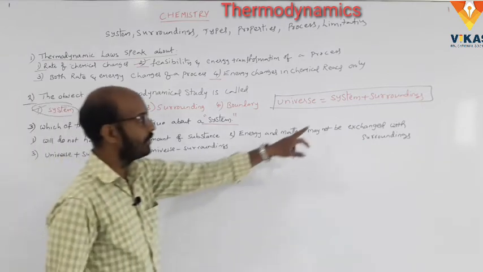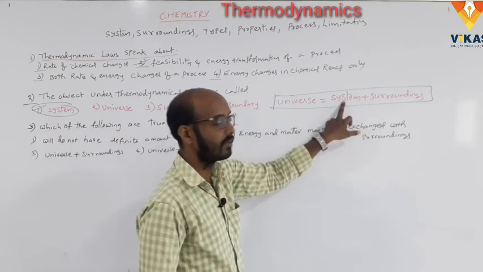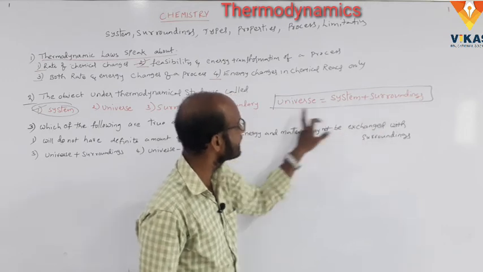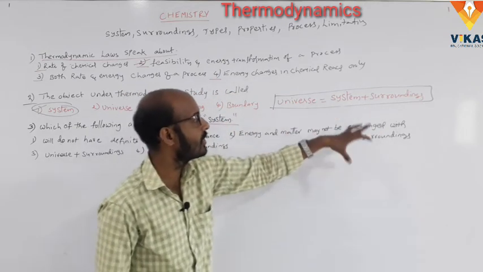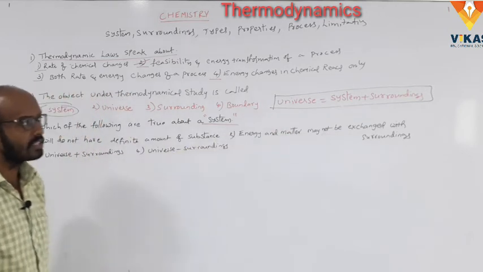The small part of the universe is the system, and the remaining part except the system is called surroundings. The total system plus surroundings is called the universe, and the system and surroundings are under the category of the universe.